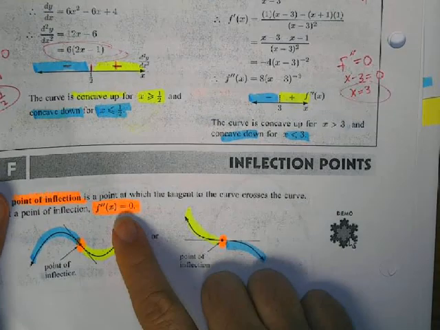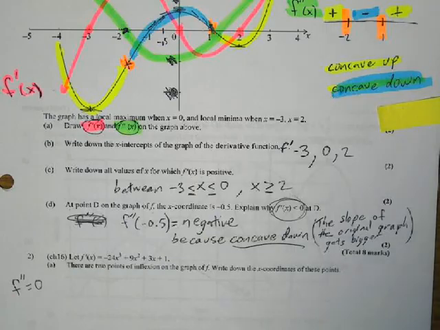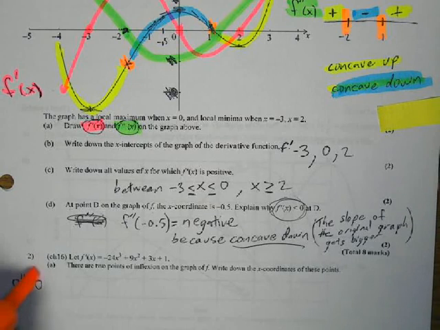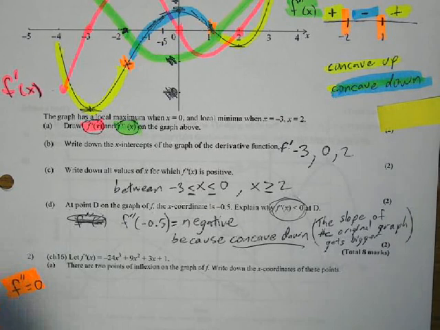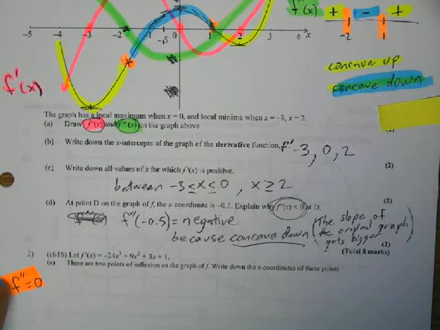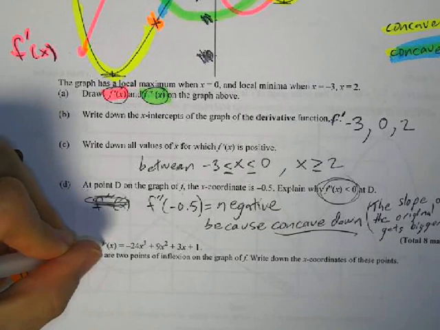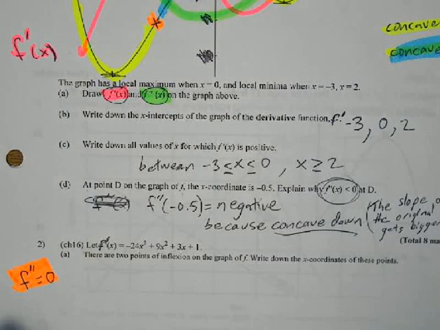And that was the thing that we talked about on this handout, that when the second derivative is equal to 0. So to figure out, oh, and they've already given you the first derivative function. Because this is f prime, isn't it? Okay, so we need to find the second derivative.